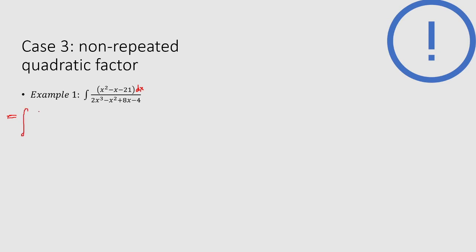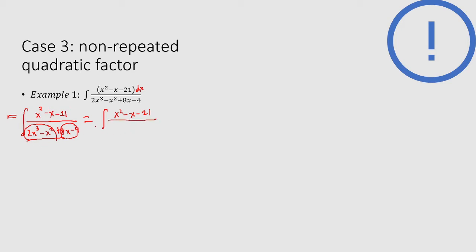So just simply copy the numerator, that's x squared minus x minus 21 all over 2x cubed minus x squared plus 8x minus 4. So what are we going to do with the denominator to make it factorable? In Math Plus, we were taught factoring, right? By grouping. This is obviously by grouping because of how many terms we have here.